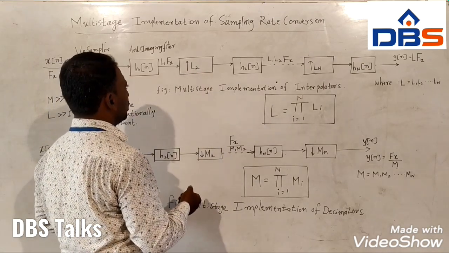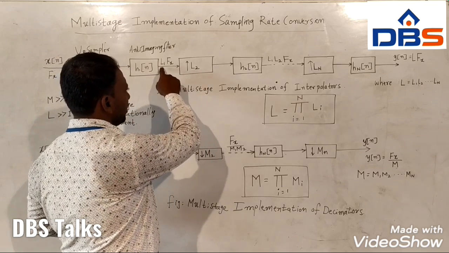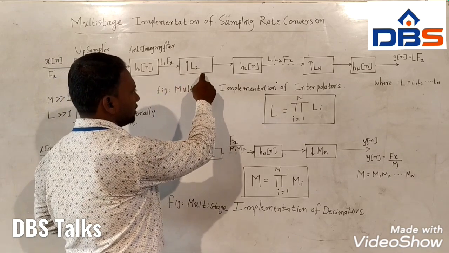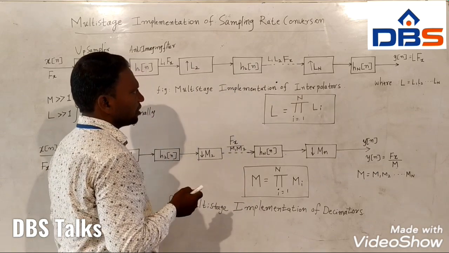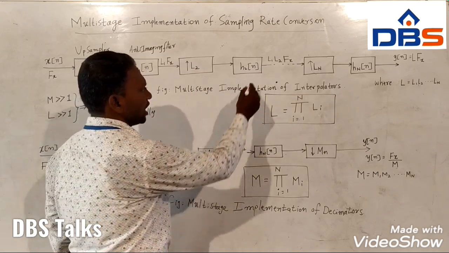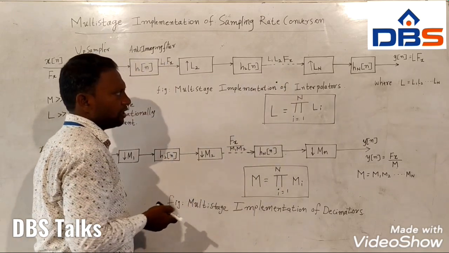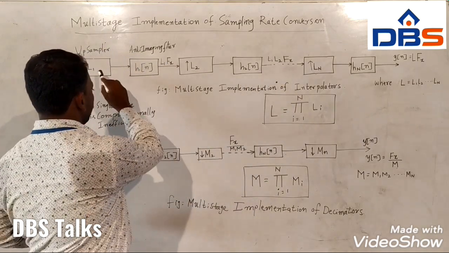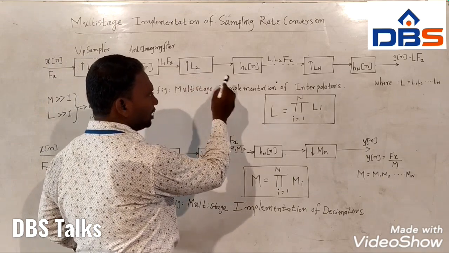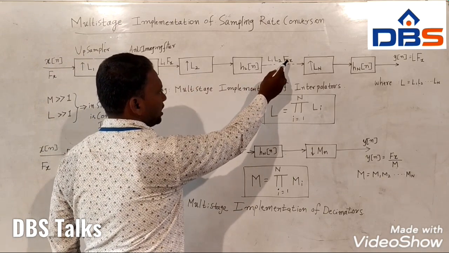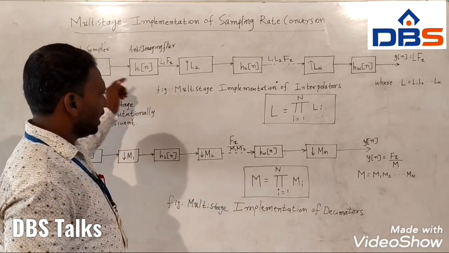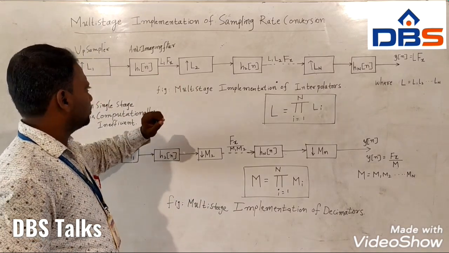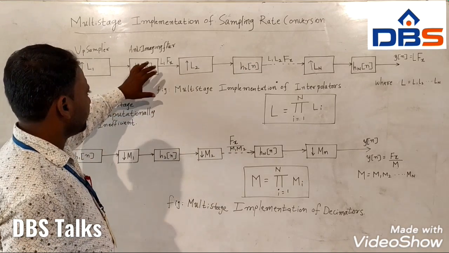After that we have a second stage: the second-stage upsampler by L2, then the second-stage anti-imaging filter. H1(n) is the anti-imaging filter which removes the unwanted images, and then we get L1 Fx.